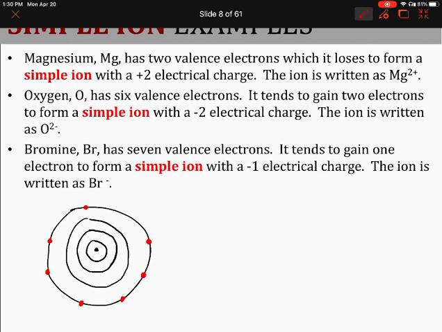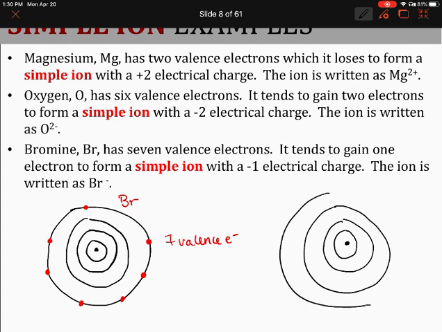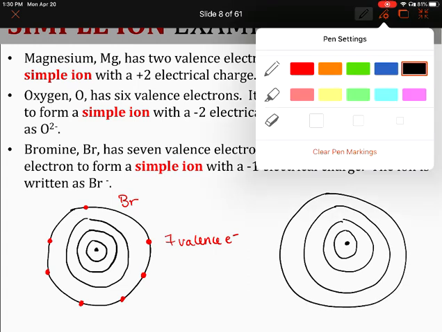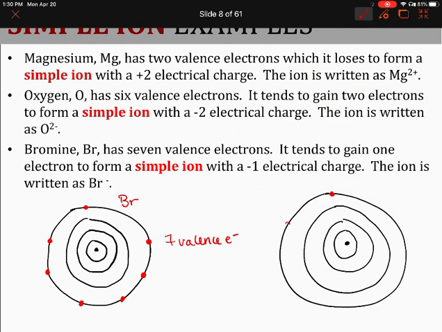So just assume that the other energy levels are already filled in with electrons. So if bromine has 7 valence electrons, it's going to be a lot easier for bromine to just gain 1 more electron rather than lose 7 electrons in order to become like a noble gas. So once it gains 1 more electron, it will now have 8 valence electrons.